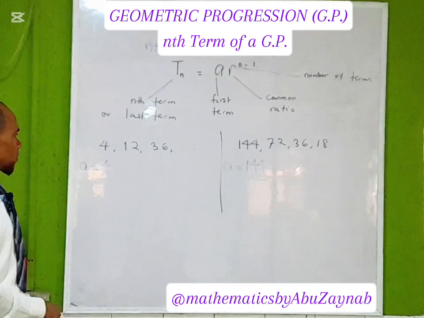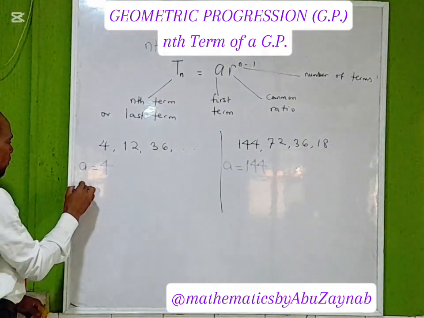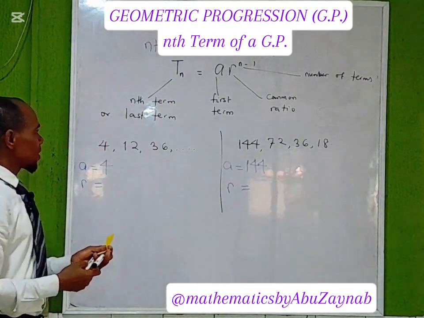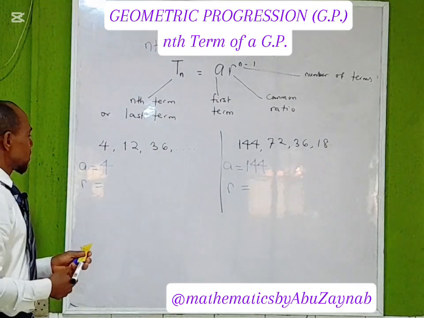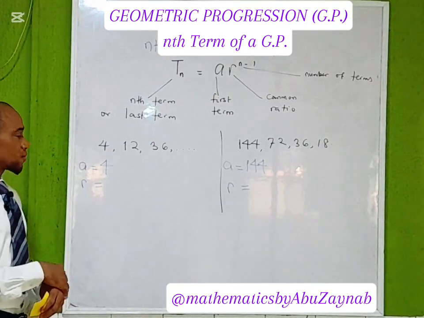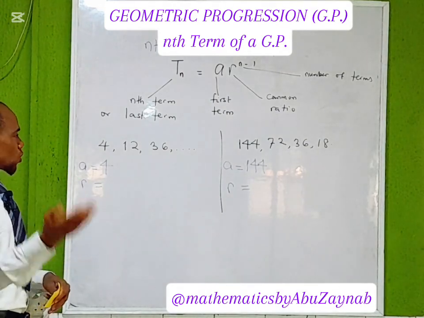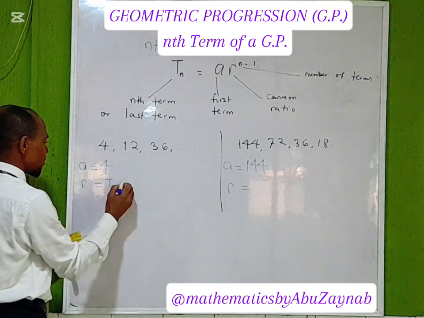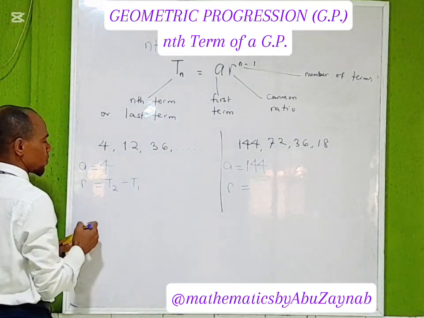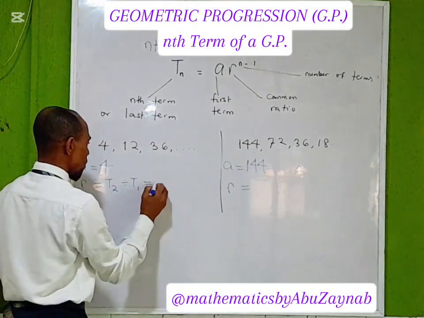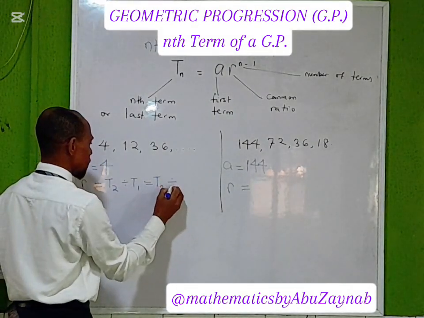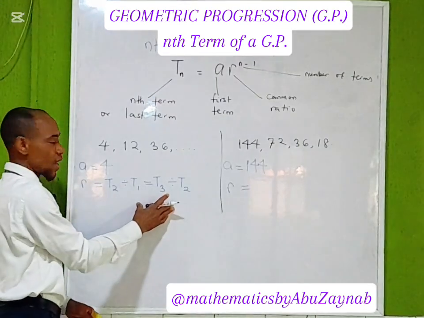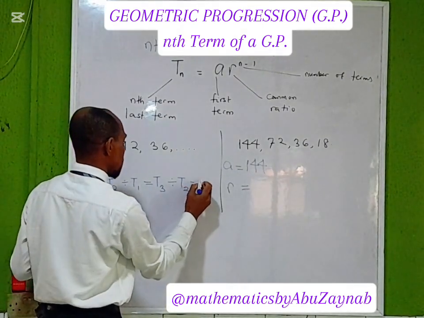Then the next is the common ratio, R. Now, just like in AP, whereby the common difference is the second term minus the first term, and that corresponds to the third term minus the second term, similarly here, we're going to have this time around second term divided by first term, instead of subtraction, a ratio, or third term divided by second term. So if these divisions or ratios are equal, we call these then the common ratio.